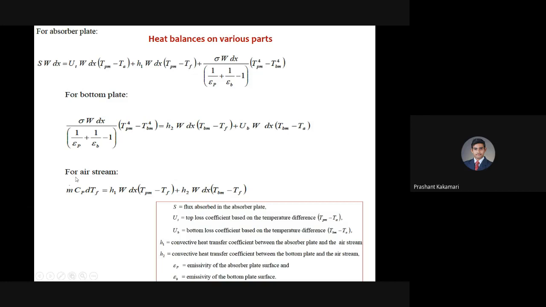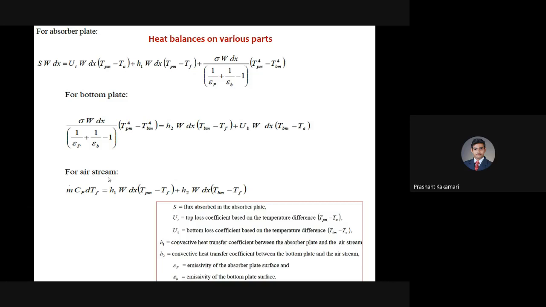And for the air stream, or for the fluid, the energy absorbed by any fluid, if you recall the equations from heat transfer or fluid mechanics or other subjects, we can write as m cp delta T. Or in the engine, the heat absorbed by the coolant, you can recall that equation, we find it by m cp delta T. That cp is the specific heat of the fluid, depending on air or water or any other fluid.